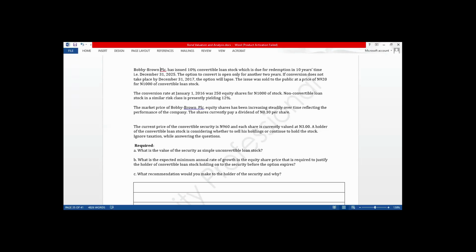It asks you to calculate the value of the convertible loan stock on the assumption that the convertible loan stock will not be converted to ordinary shares. All right, we have tried to explain this. Let's go to valuation. Any question, please?